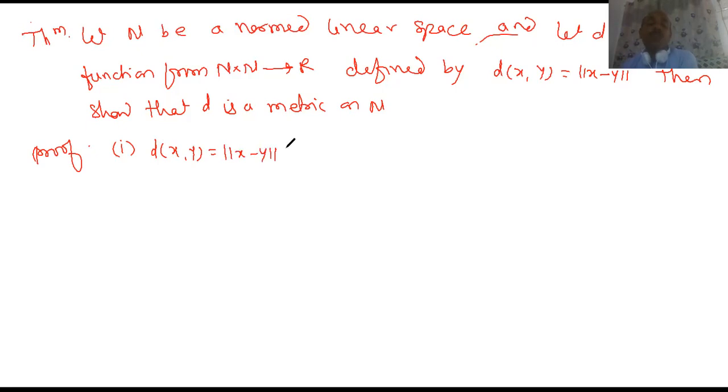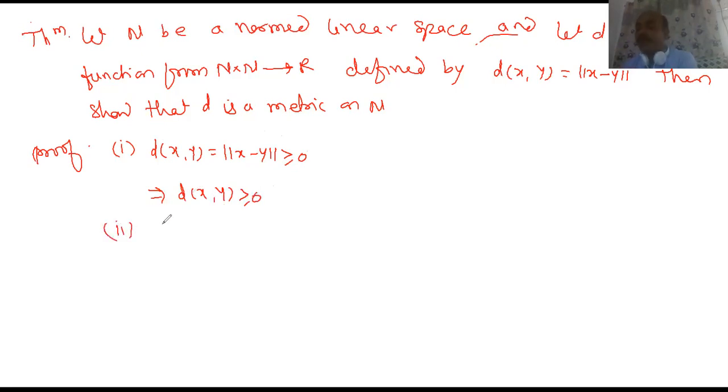By the definition of norm, the first condition is that it is always greater than or equal to 0, so obviously norm of x minus y is also greater than or equal to 0. Norm of x minus y greater than or equal to 0 means d of x, y is also greater than or equal to 0. This is the first condition of a metric.